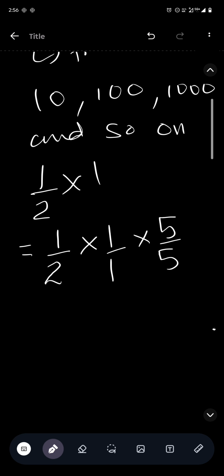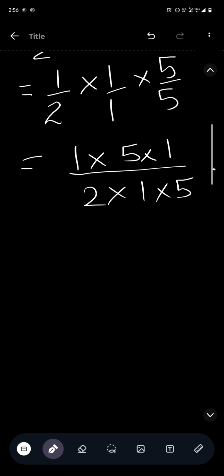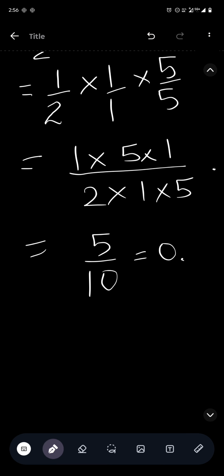So what do we get here? We get 1 into 5 divided by 2 into 5. And what do we get here? We get 5 upon 10, which is equal to 0.5.